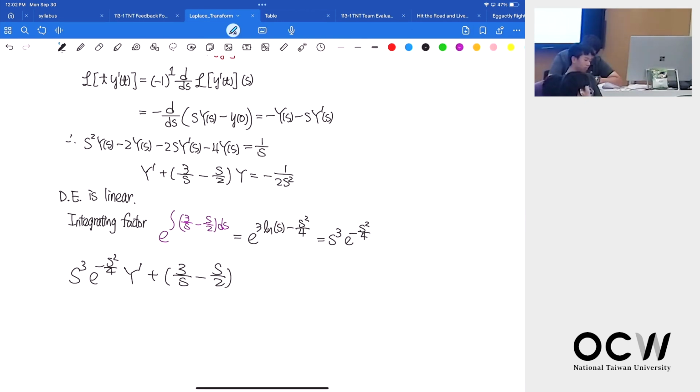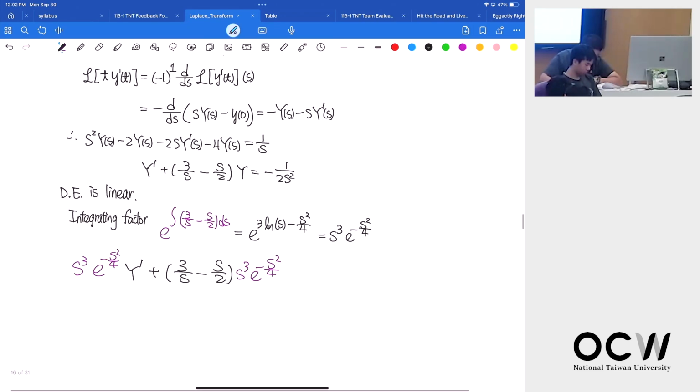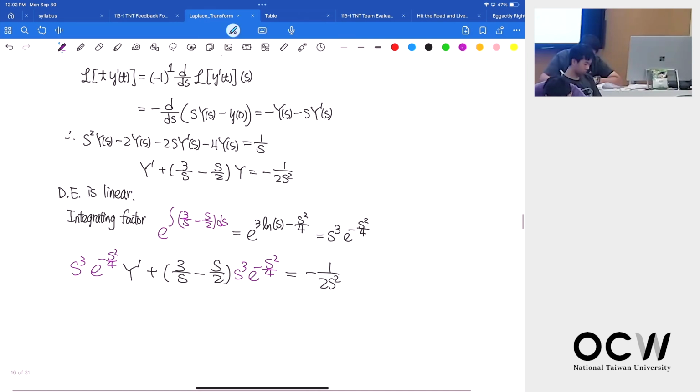This becomes minus 1 over 2 s squared times s cubed e to the minus s squared over 4.